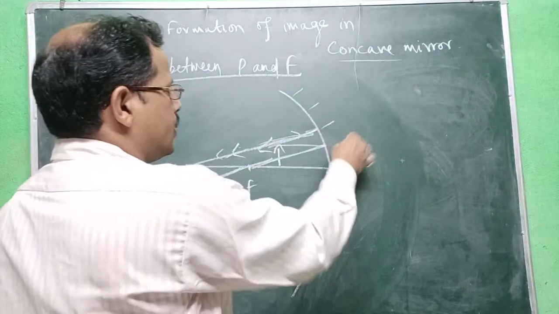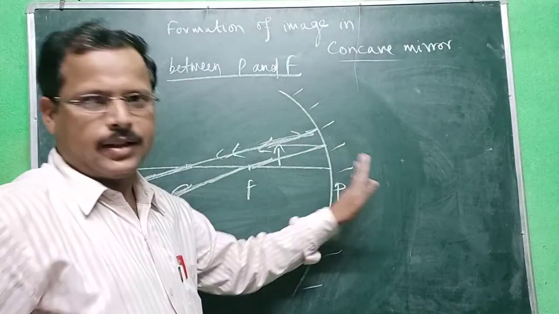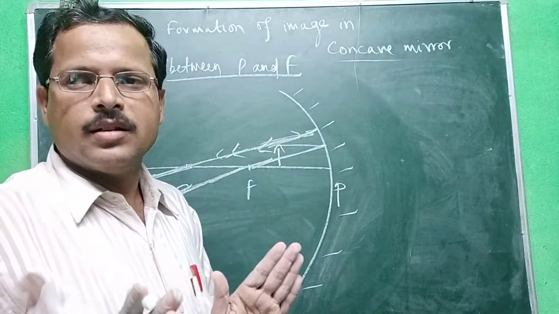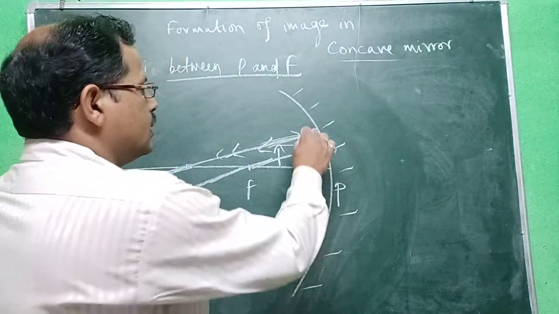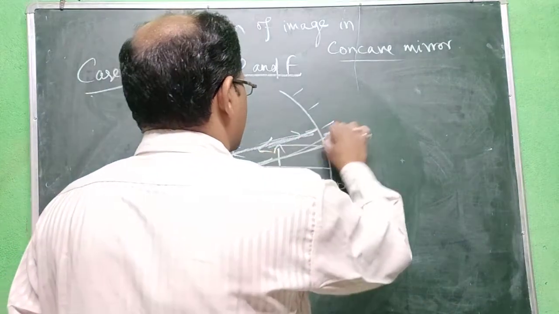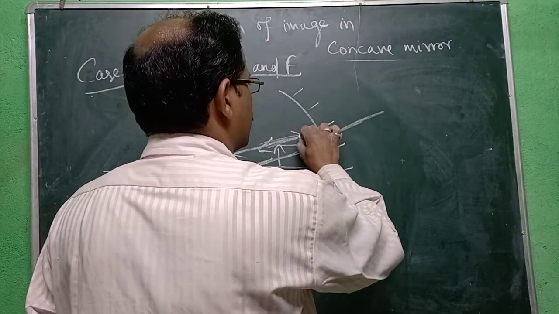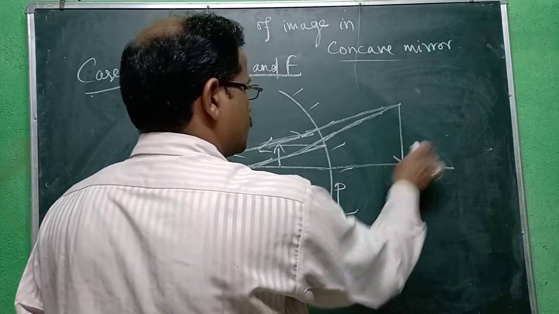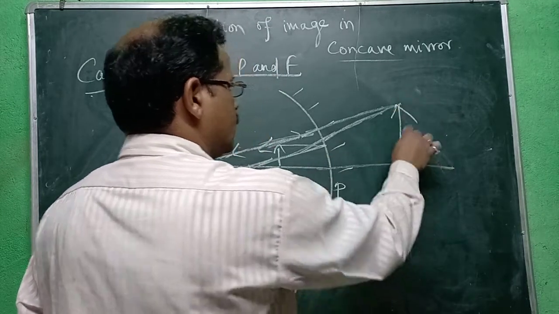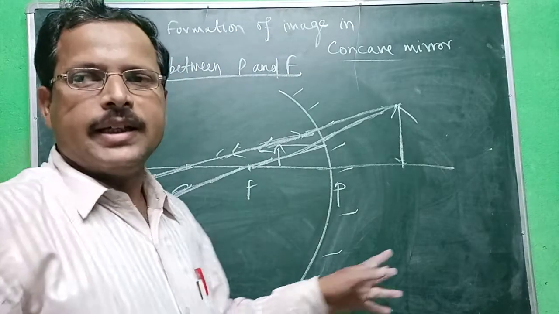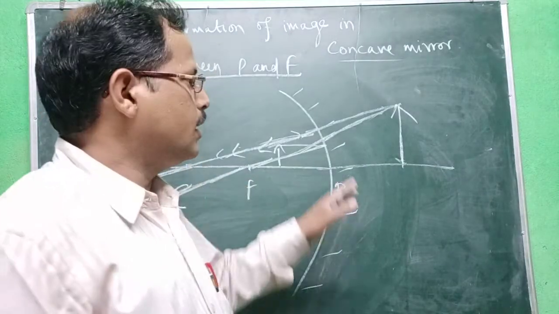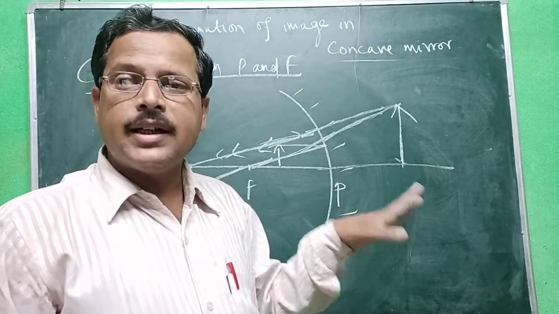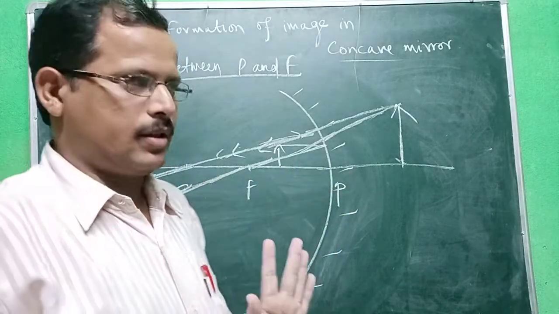Though this is the mirror and there is nothing in the back side, it seems there is an image, as these both lines will meet each other. Where they meet each other, a virtual image and an erect image, not inverted, that I want to say.